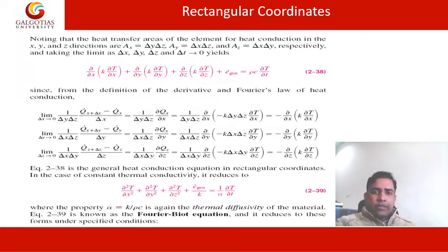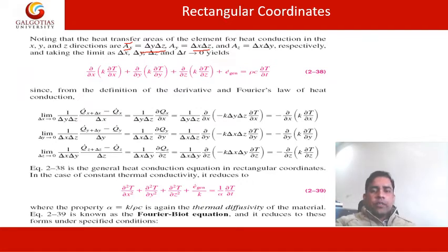Further, if we simplify this equation, what we get: A x represents the area along the x-axis, I mean A x represents the area through which the x-axis cuts perpendicularly, which is given by delta y delta z. A y is equal to delta x into delta z.